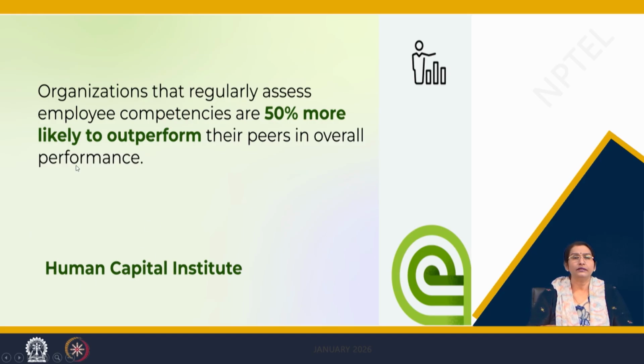If regular training programs are going on around the clock and around the year, with continuous assessment of competencies and more transparent and objective performance appraisal, then definitely employees are more likely to outperform, not only enhancing their performance but addressing the market demands.